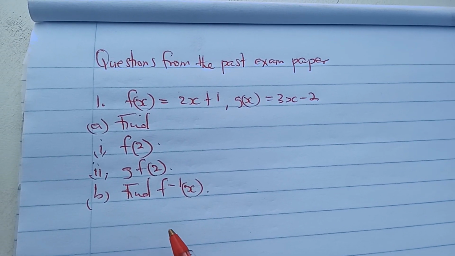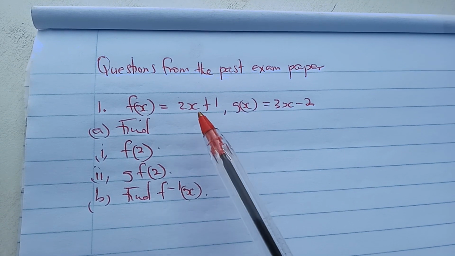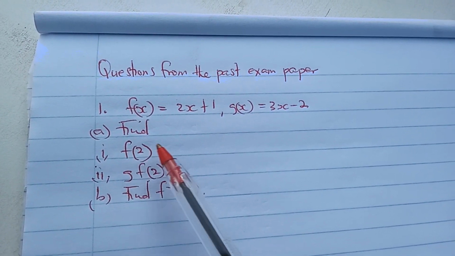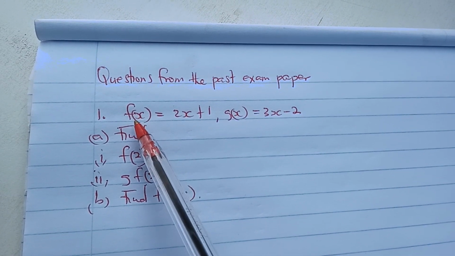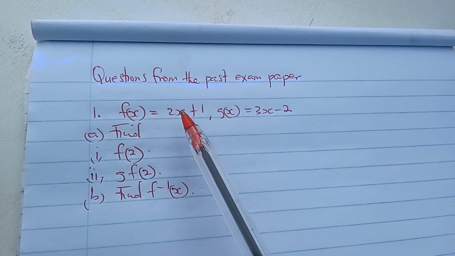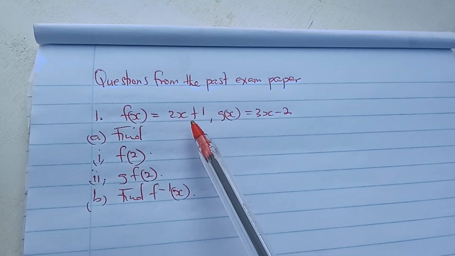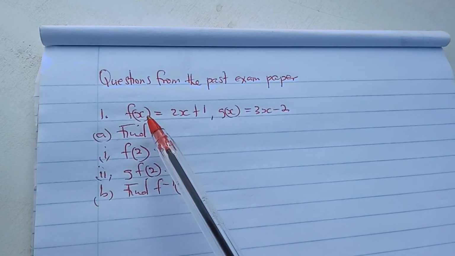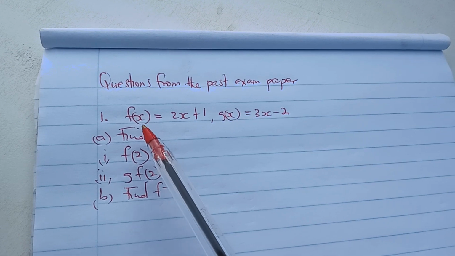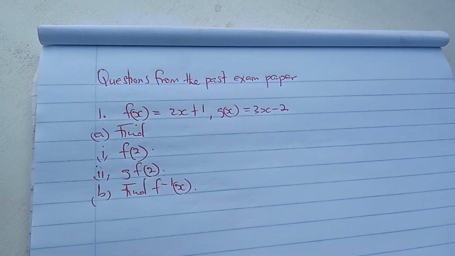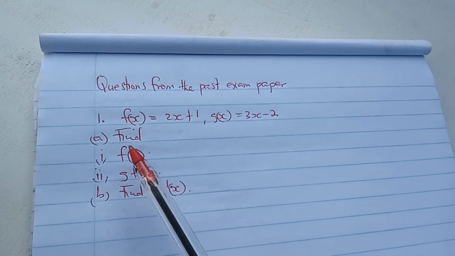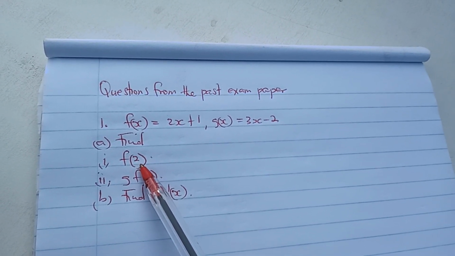For this one, we just look at the function where we have f. So in this case, f(x) equals this function here. So not to confuse you, this function here is where I can see f. So we are going to use this function to find f(2).